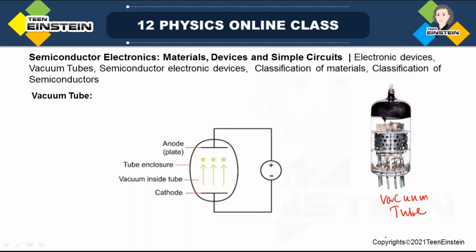A vacuum tube can have two electrodes; those are called diodes.